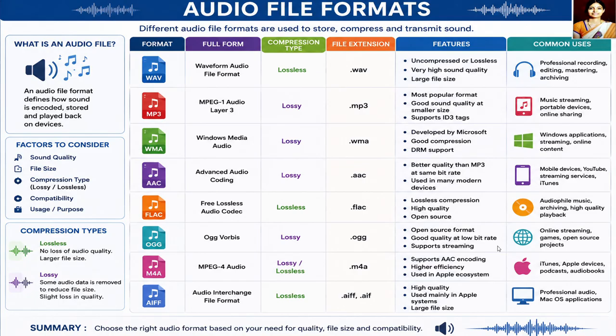So these are the common usages: professional recording, music streaming, applications and mobile devices, audiophile music, online streaming, and professional audio, that is for Mac OS applications. So these are the common uses of any audio file.